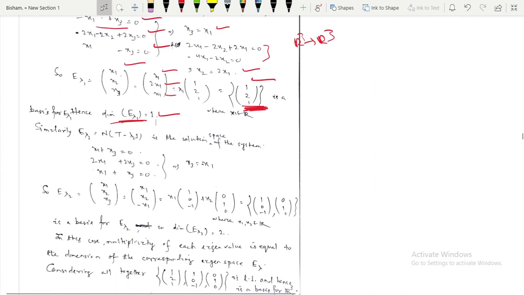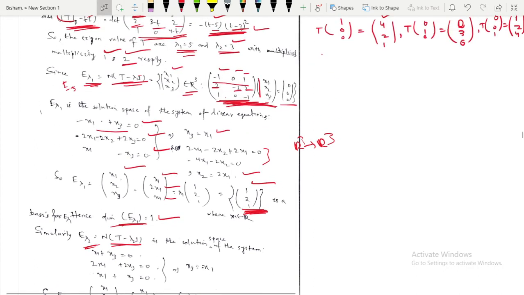Similarly for E lambda 2, the eigenspace of lambda 2 will be the null space of T minus lambda 2 I, where lambda 2 is 3.